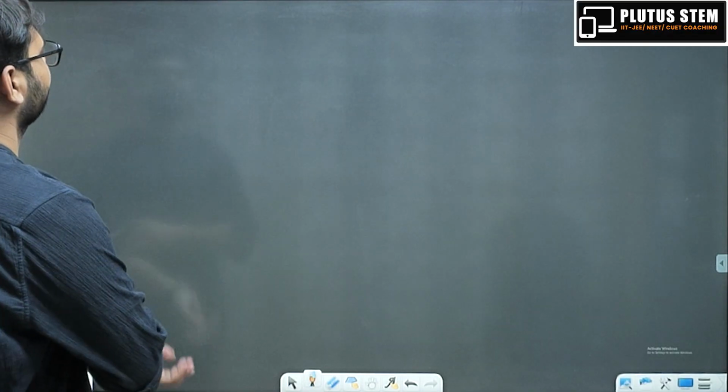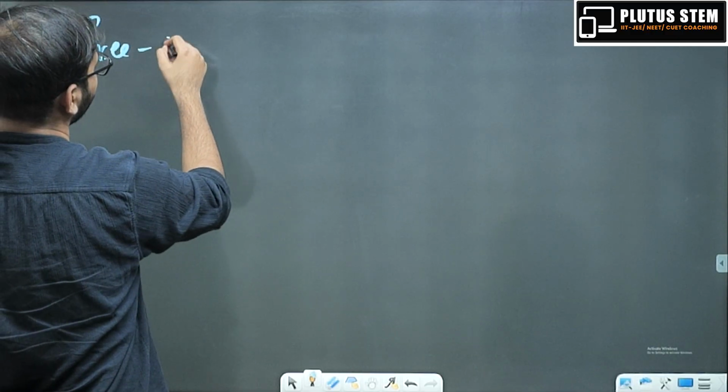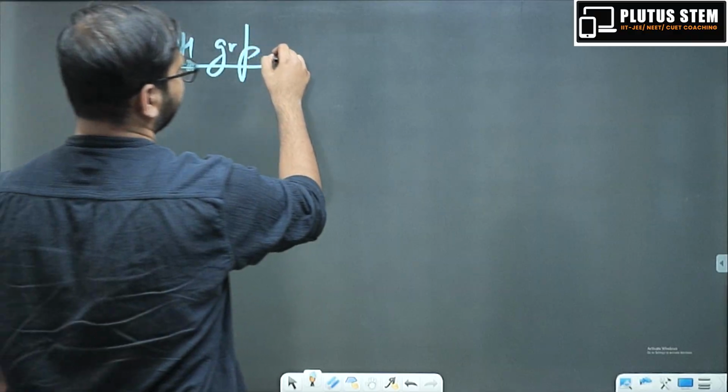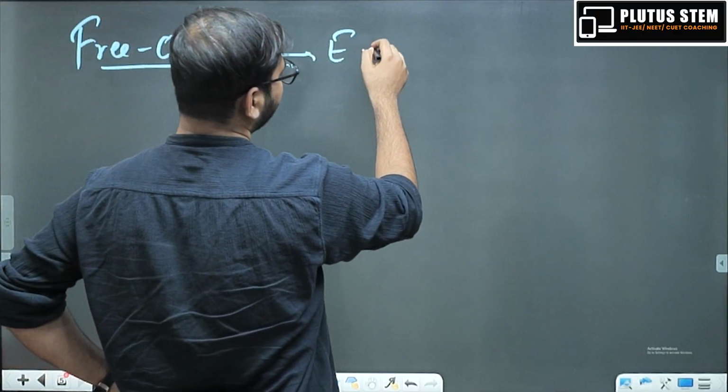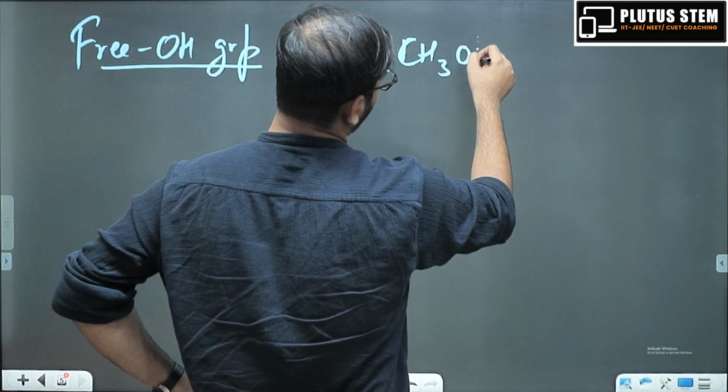For the first case, a free OH group, for the example I am taking methyl alcohol, CH3OH.